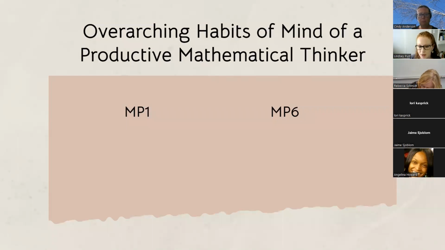So these have been grouped together into 4 categories. And I know several of you have gone through the foundations course, and this is a question that many have answered: if these 2 practices, math practice 1 and math practice 6, were put in this category, so these 2 were grouped together, that they are overarching habits of mind of a productive mathematical thinker.